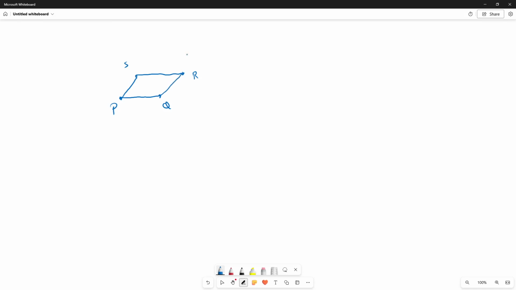And then we also looked at the parallelogram that was the PQ-PR parallelogram. What is that parallelogram? It still has this side PQ, but now it has PR. So it's this parallelogram. And these two parallelograms have the same base, PQ, and they have the same height.